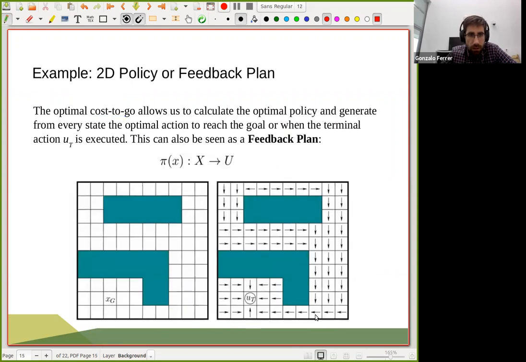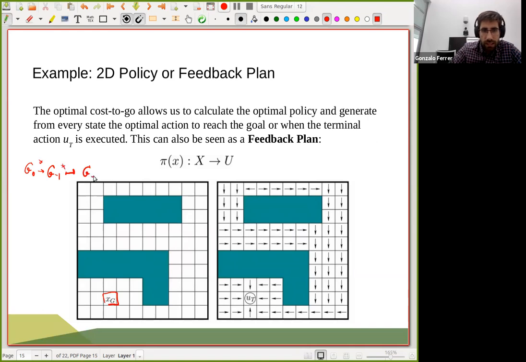Okay, so how does it look? Basically, we have this goal here in this grid world, and we are going to be applying value iteration. Remember, at the beginning we have this optimal cost-to-go function.